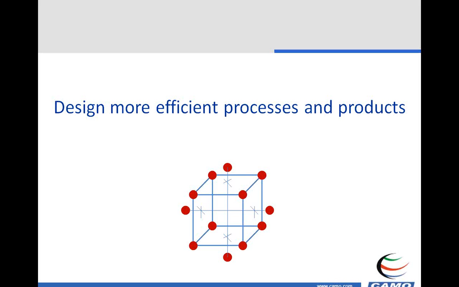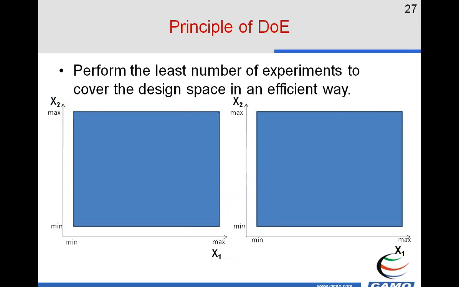The next point is design more efficient processes and products. So, well, here the main tool is design of experiment. The principle of design of experiment is how to perform the least number of experiments to cover the design space in an efficient way. So here we have x1 and x2, and we have minimal and maximal values for both of them.